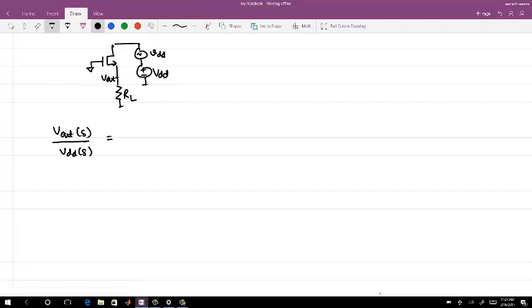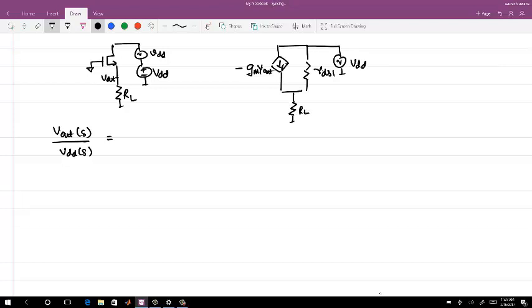You see, in this particular case you have GM1 times minus Vout. This is RDS1, and I'm applying a noise here, VDD, and this is RL. So this one is Vout, right? So you have minus GM Vout plus VDD minus Vout by RDS1 is equal to Vout by RL.